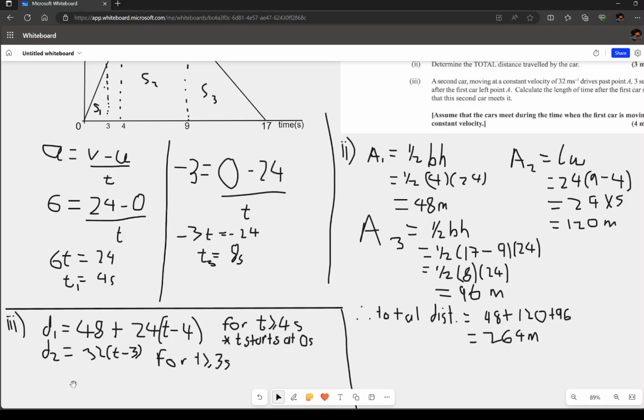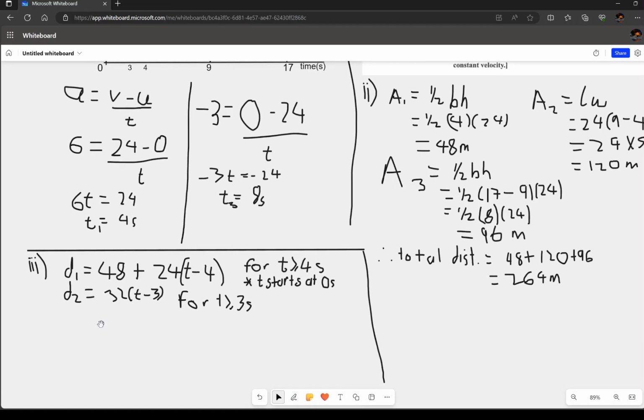Okay, so now that we see how these two equations come about, all we have to do is just equate them, because we already said that the distances are equal.